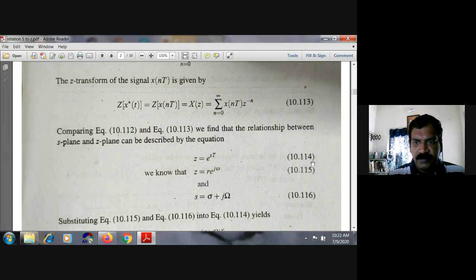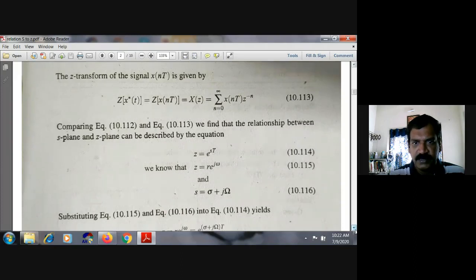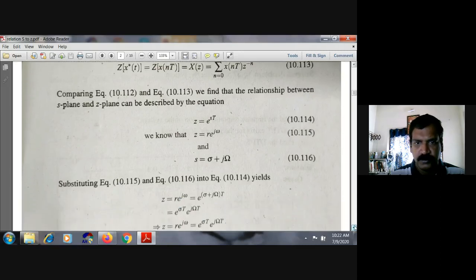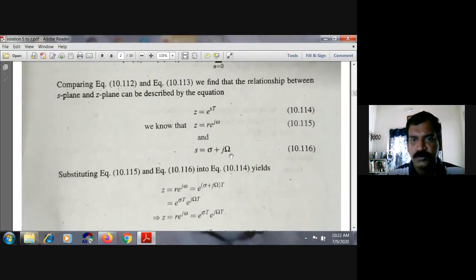Comparing equations 15 and 16 with z, substituting z is equal to r e raised to j omega and s is equal to sigma plus j omega, then e raised to st can be replaced as e raised to (sigma plus j omega) t.